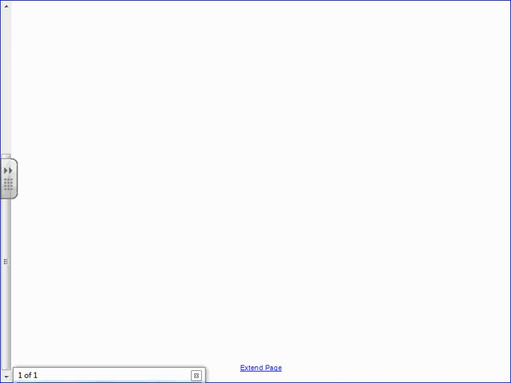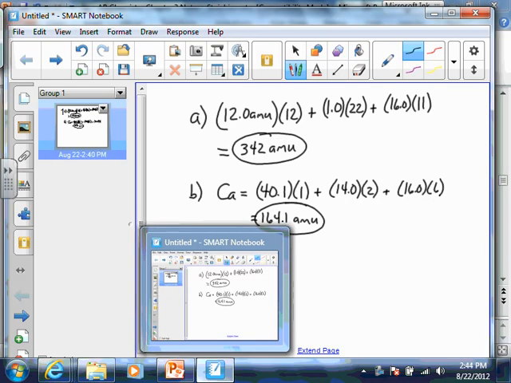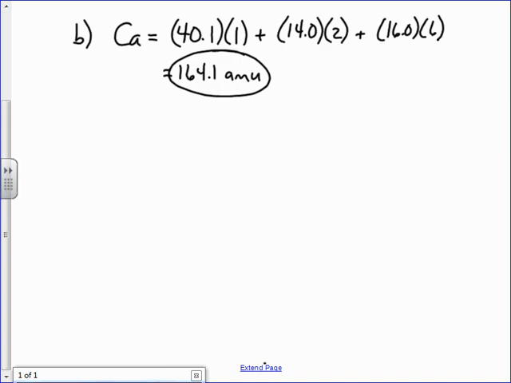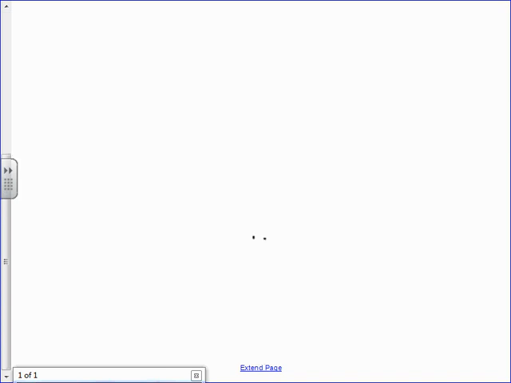So we know what the overall is. I just got rid of that. I wish I hadn't. Okay, the overall for sucrose is 342 AMU. So 342 AMU. Got to keep that number in mind for our total.